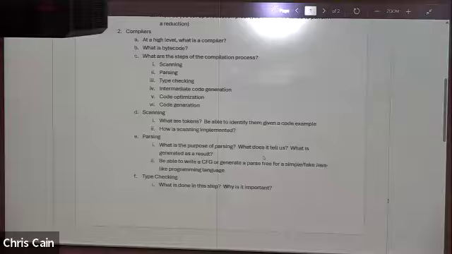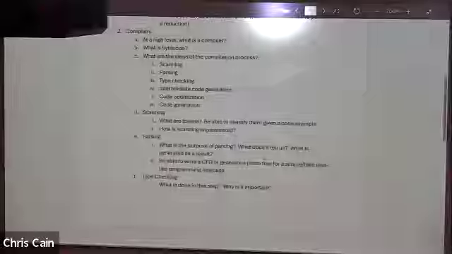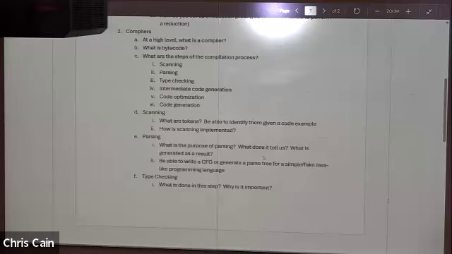We talked about type checking, how to ensure your program is semantically correct. How does that work? Intermediate code generation. What is intermediate code? Why is it important? How do we generate it? Code optimization. What are some examples of code that can be optimized? Code generation. What is the end result? How do we get to that end result?